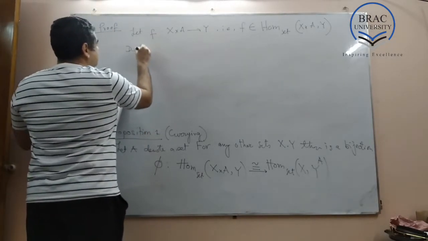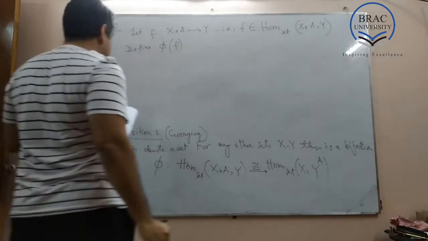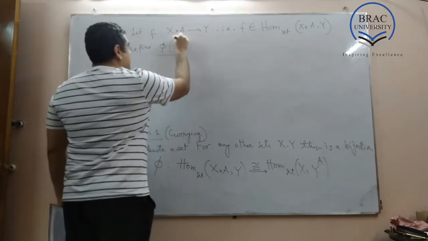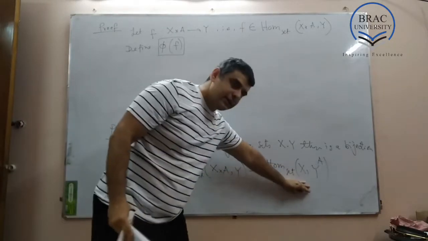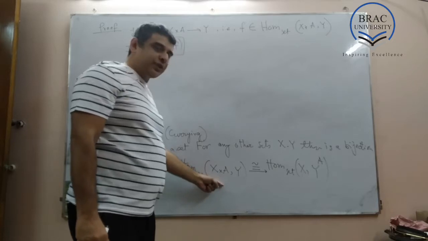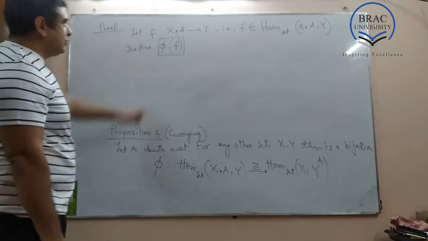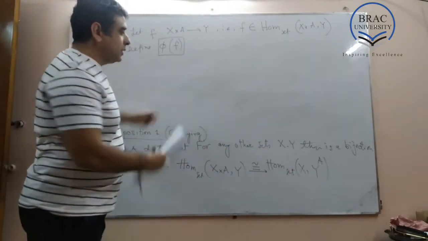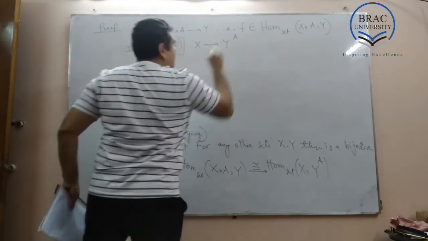Define phi of F. Where does it have to live? It should live here, right? After the action of phi on an element in this set, it will go to this set. So phi of F should be a map from X to Y to the A, right?